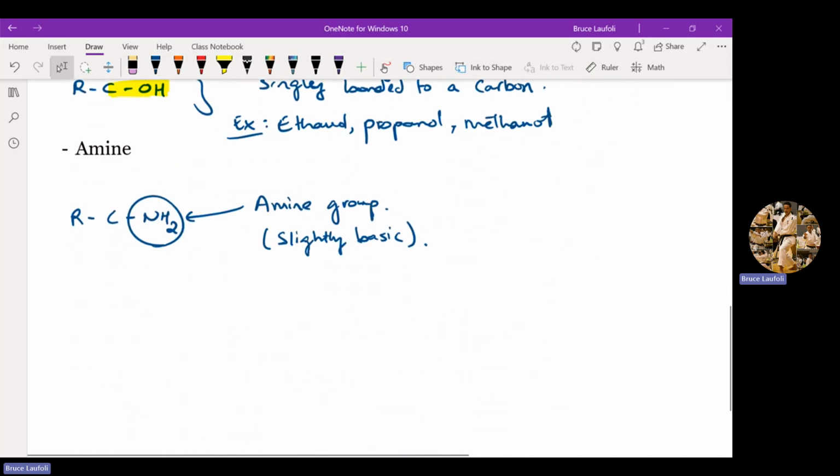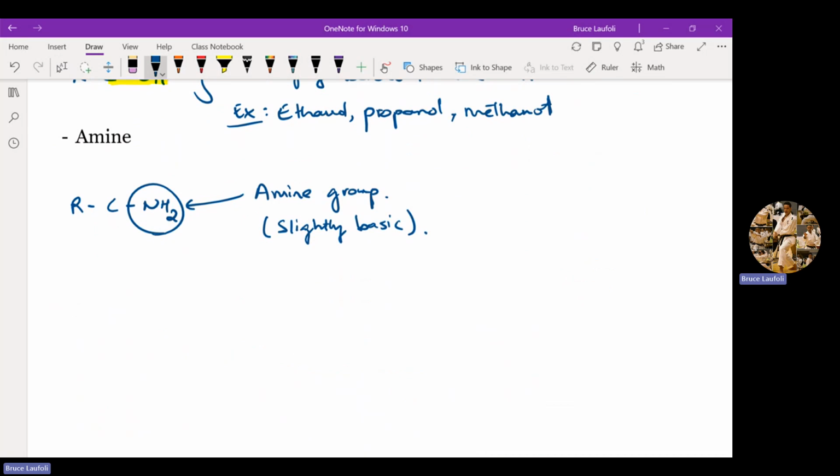Remember that overall, I went through very fast, but the reason why you need to understand it is because functional groups determine properties of organic compounds.